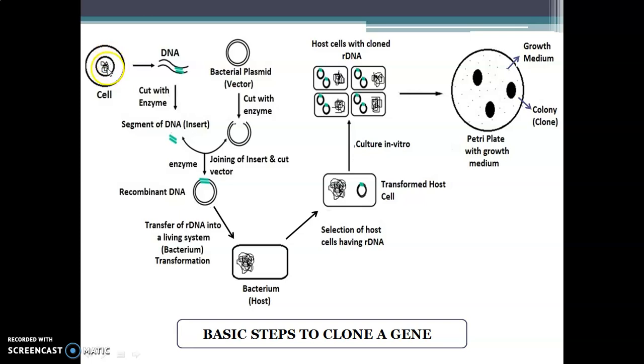What you do, you take out the entire DNA of this cell. This DNA is having a particular region where the gene of interest is present. What you do next, you cut that DNA to isolate that particular part which is containing the gene of interest.